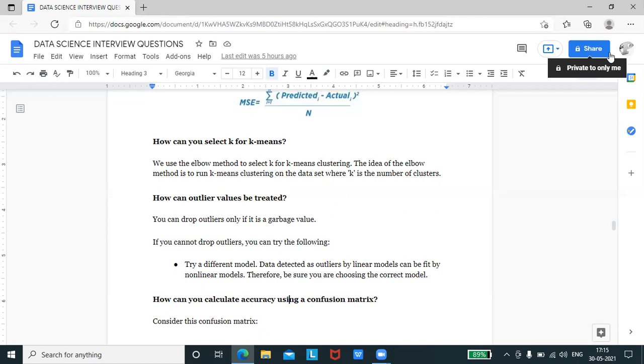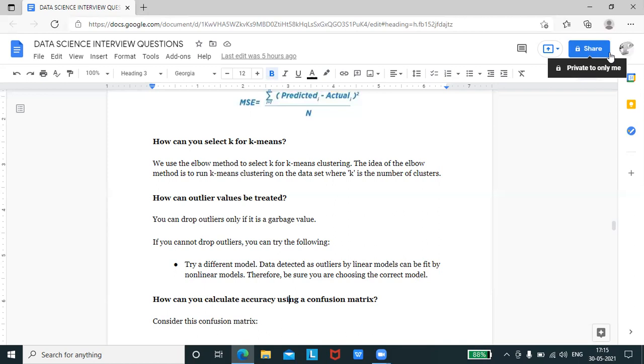We can cover more of the data sample if we expand the range: two standard deviations from the mean covers 95%, three standard deviations from the mean 99.7%. All right. So this is how we can treat the outliers.